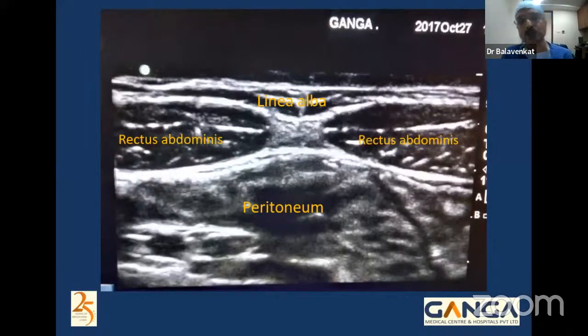So this is just to show, if you want to see both the sides, rectus abdominis muscle, the center is the linea alba, and that's the peritoneum.